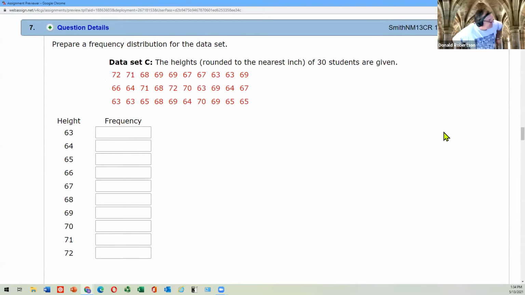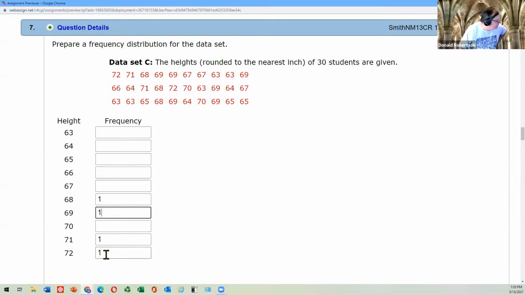So if I'm doing that question, and this is me, I print that page out and I get my pen and I go to the first number, which is 72, and I go down here and I make a little check mark. And then the next number is 71, and I do a little check mark. And then the next, and as I do it, I cross it off, so I can't count it twice. Then I do 68, check mark, 69, check mark.